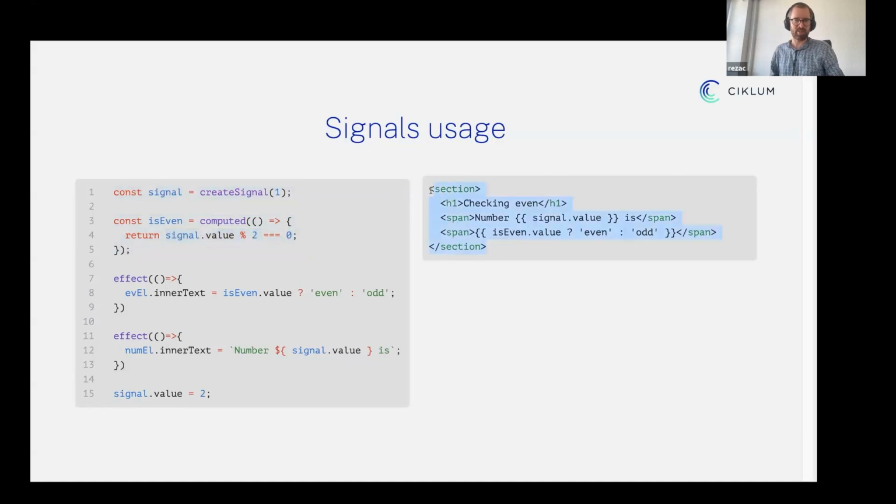On the right side, we have this HTML markup with some extra mustache syntax, which is often used in some frameworks. This tells that this is actually JavaScript, so the parser of the HTML will get this and connect it to the JavaScript.